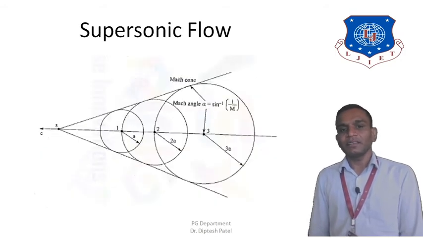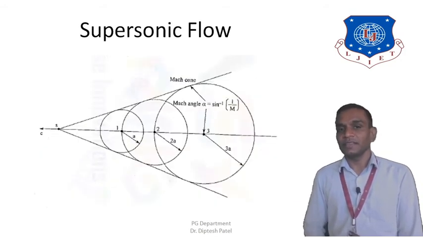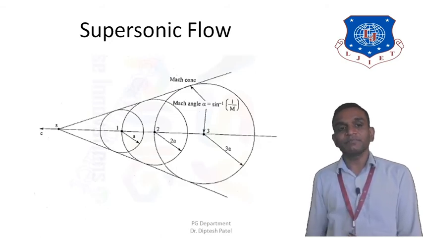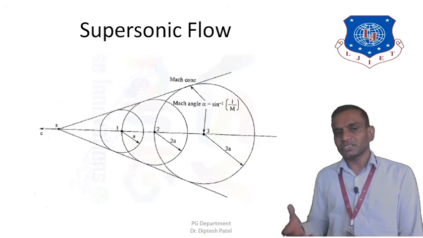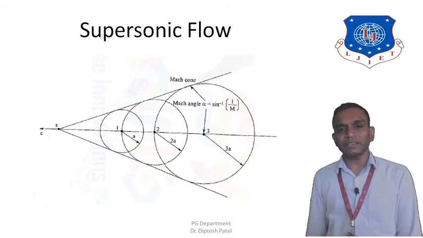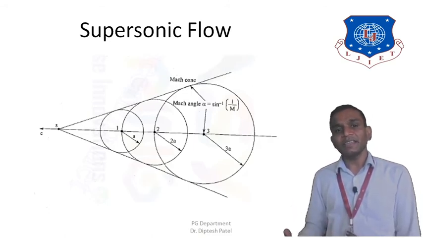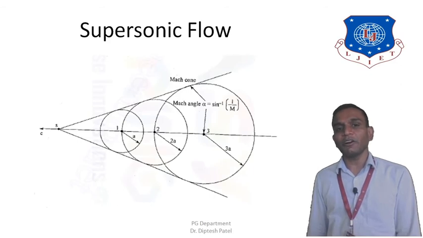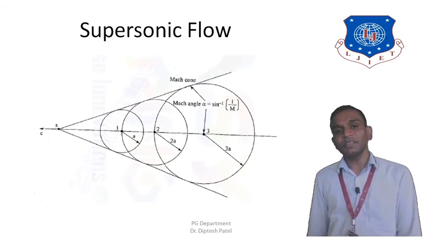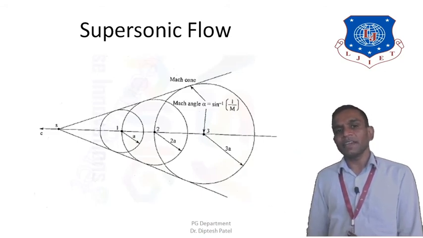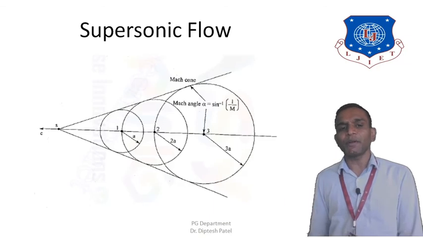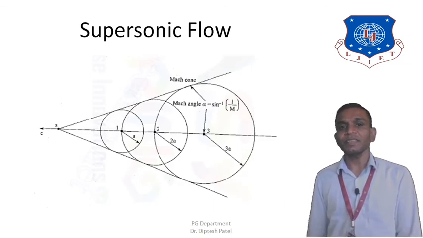Then after, the supersonic flow region. In supersonic flow regions, the source of disturbance velocity is very high as compared to the velocity of sound, and therefore the sound waves which are generated here are very far behind the point S, the source of disturbance.